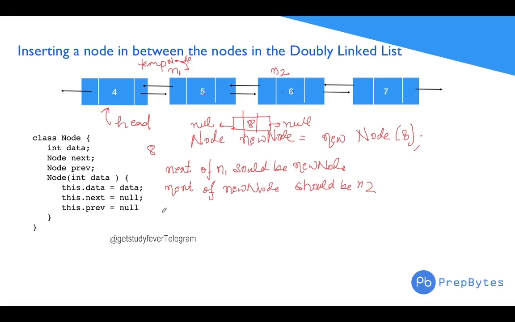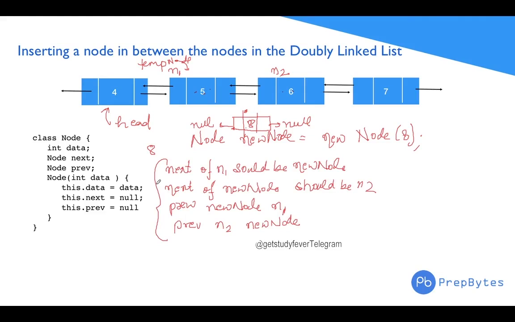The prev of new node should be N1, and the prev of N2 right now is pointing to 5, but it should point to this new node. So prev of N2 should be new node. We have to perform this set of operations to make sure that this is getting inserted in here.